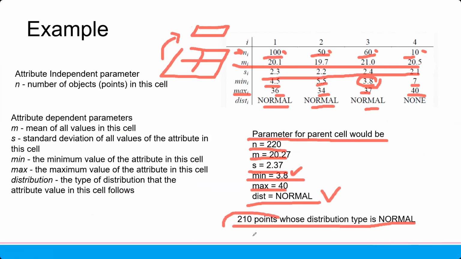How can we get this one? 100 plus 50 plus 60. So there are 210 points. The distribution is normal, but only in these cells.